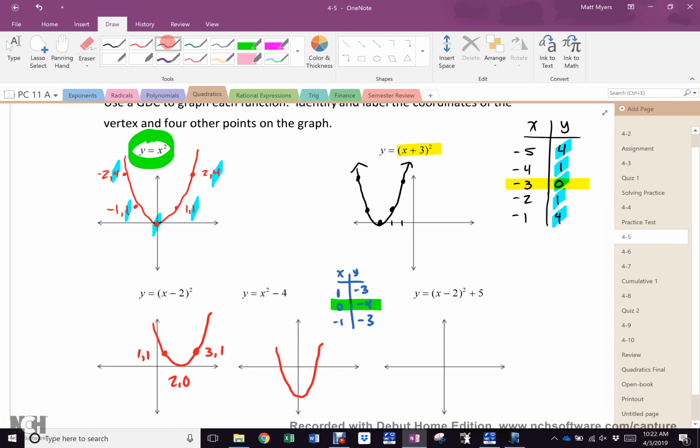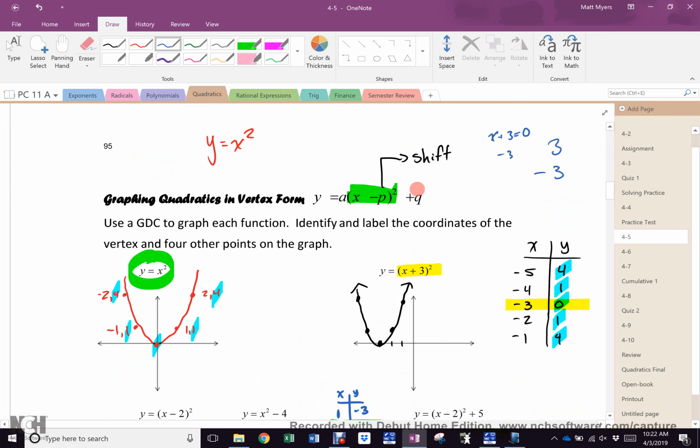So what is my new vertex? 0, -4. What's my first point? Over 1, up 1 to get 1, -3. And same y value, -3. Reflect the x value, -1. Everybody cool?